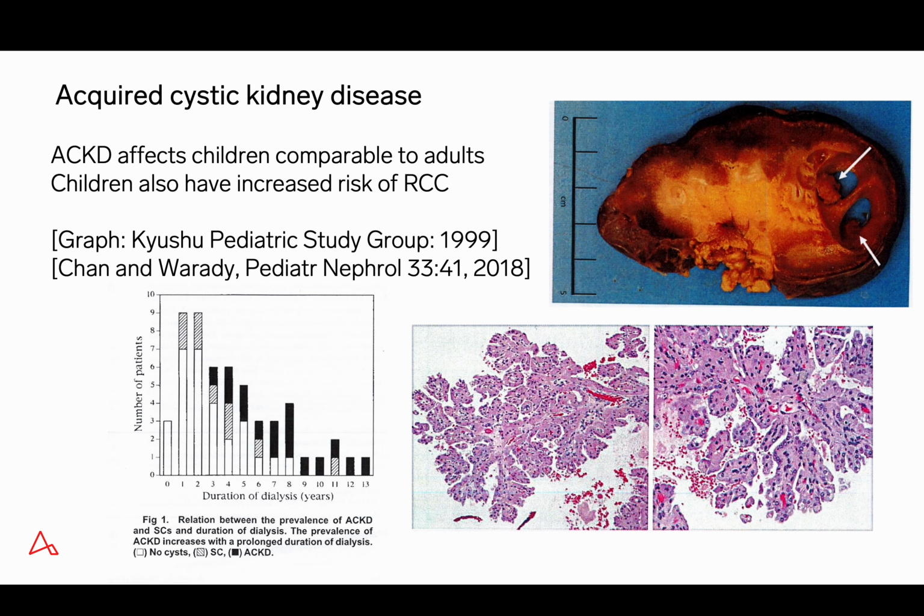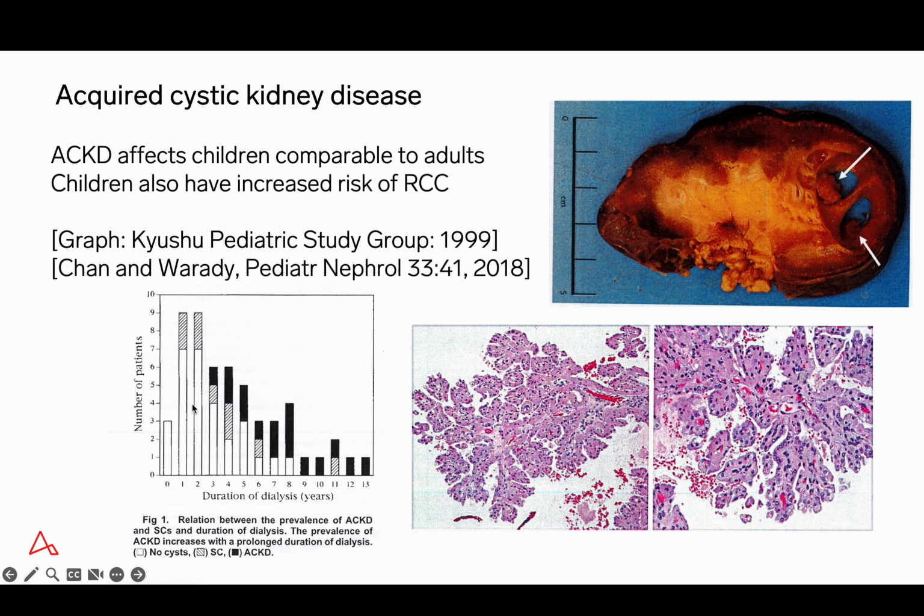Furthermore, it's important to keep in mind that acquired cystic kidney disease also develops in children. If we look at this graph here on the left, this was a large study of pediatric patients on dialysis. We can see here at the bottom duration of dialysis and number of patients with cyst formation.